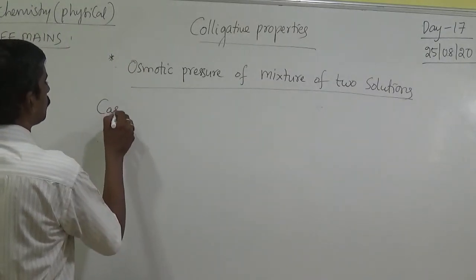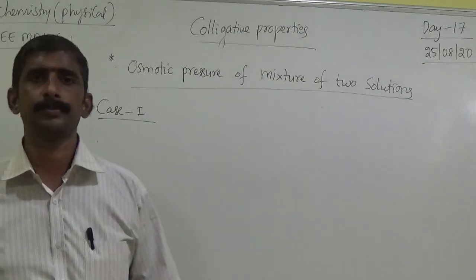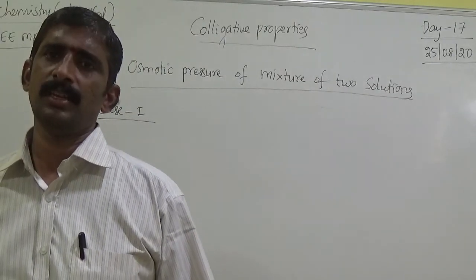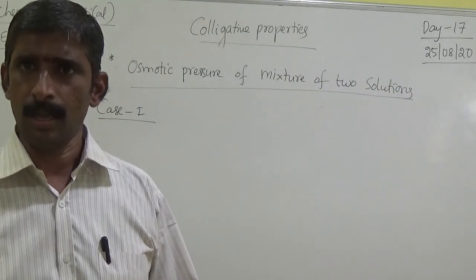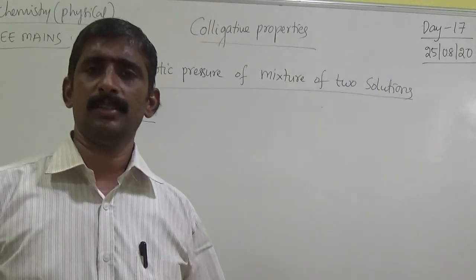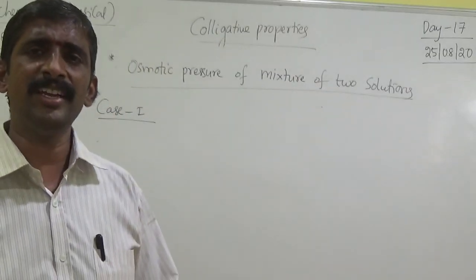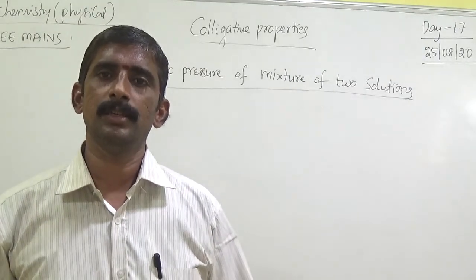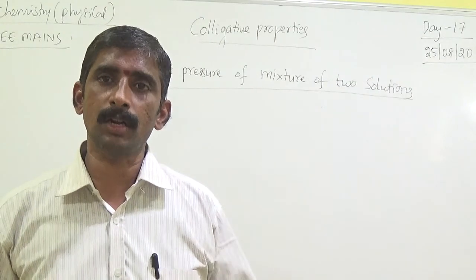Here, case 1. Case 1 means let a mixture of two solutions having the same substance but different osmotic pressures. The osmotic pressure of the resulting solution can be calculated by one of the formulas.